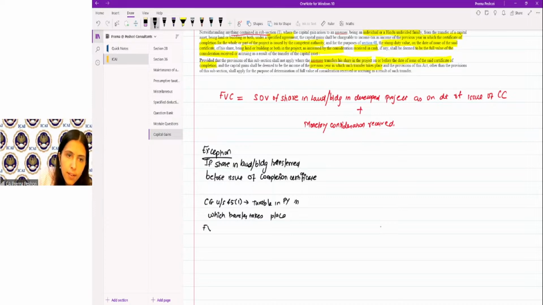And your full value of consideration will be stamp duty value only, but as per 50C and not as on the date of issue of completion certificate. Clear?